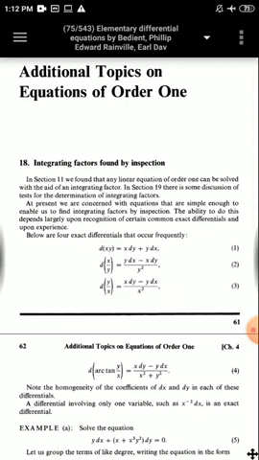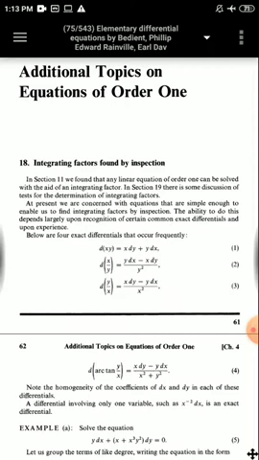Now the second differential is d(x/y), and it is equal to (y dx - x dy)/y². And the third differential is d(y/x), which is equal to (x dy - y dx)/x². Now the fourth is d(tan⁻¹(y/x)), which is equal to (x dy - y dx)/(x² + y²).